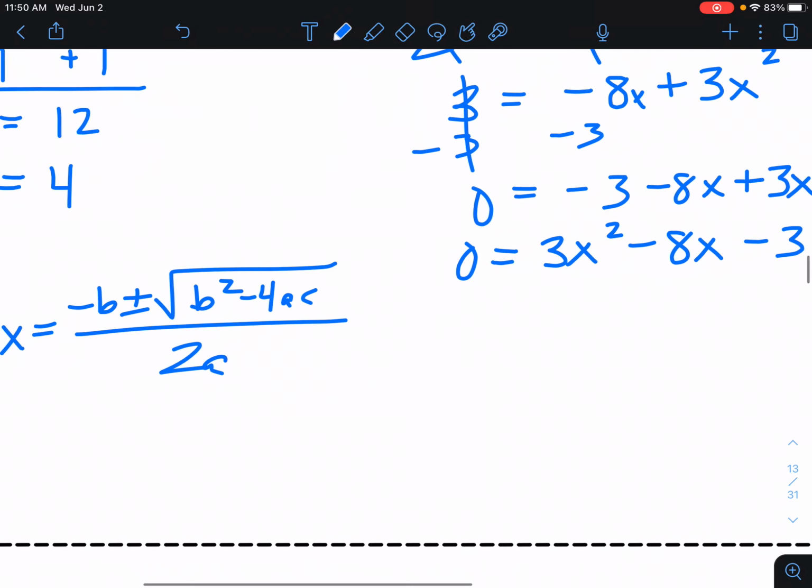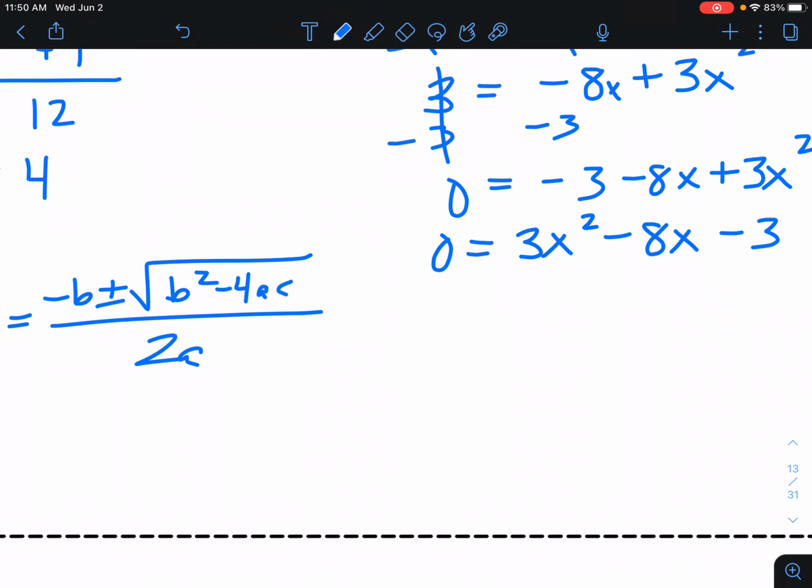So A is 3, B is negative 8, and C is negative 3. So I'm going to plug into the formula to solve for x. Remember, I can get 2 answers here because my highest exponent is 2. So negative b, but the b is a negative 8, so double negatives would be positive 8, plus minus.